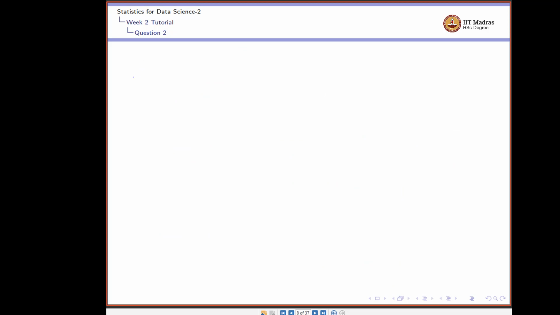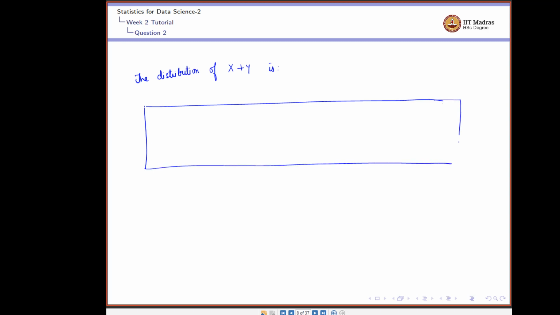Now we'll write the distribution of x plus y. Let's say you have x plus y and f of x plus y. x plus y taking the value 0, we have 1 by 16.